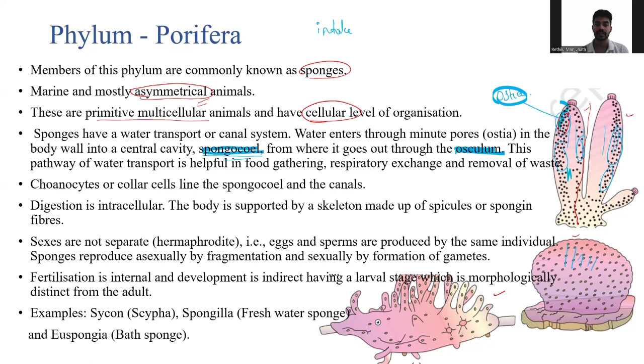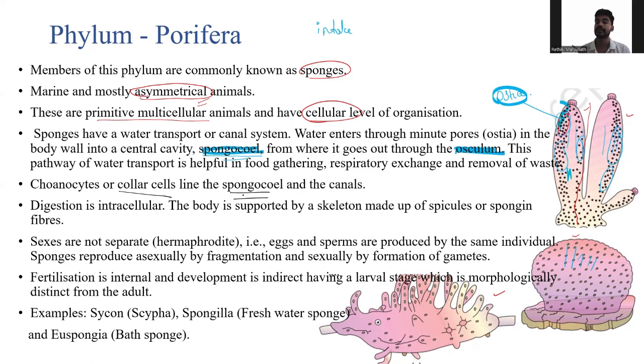The next one is choanocytes, or the collar cells, lining the spongocoel and the canals. These are specialized cells called collar cells, present inside the cavity, the spongocoel, and the canals.